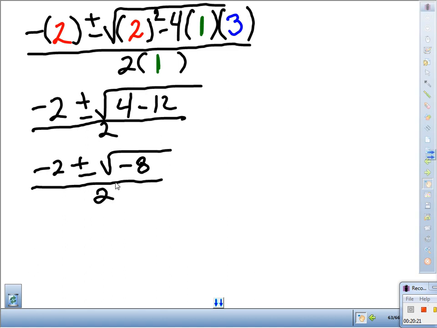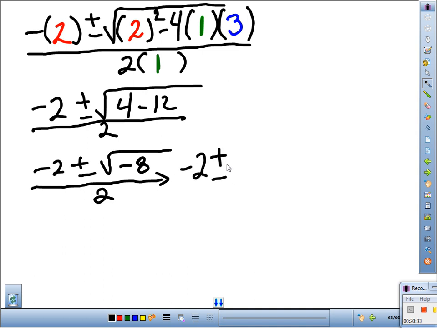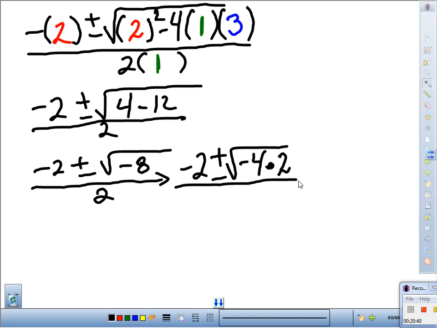It's an imaginary. But we need to factor it so that we can actually extract the imaginary number from it. Look up. Look what I'm going to do. I'm going to rewrite this. Negative 2 plus minus square root of negative 4 times 2, and all that over 2. And I'm going to rewrite this again.